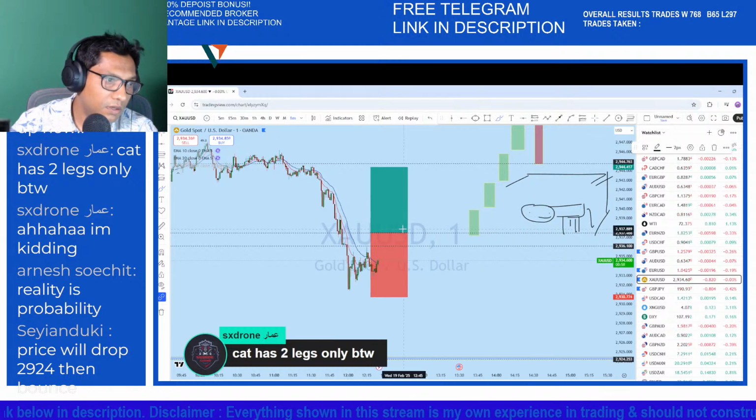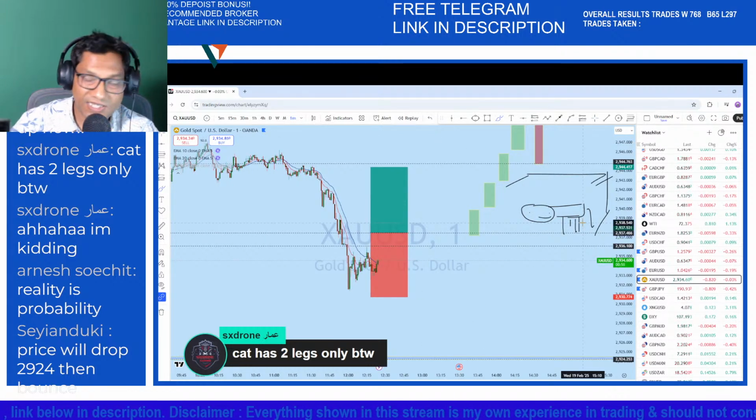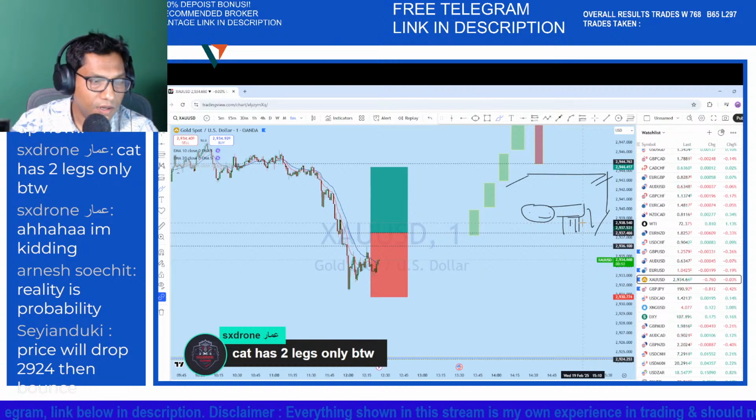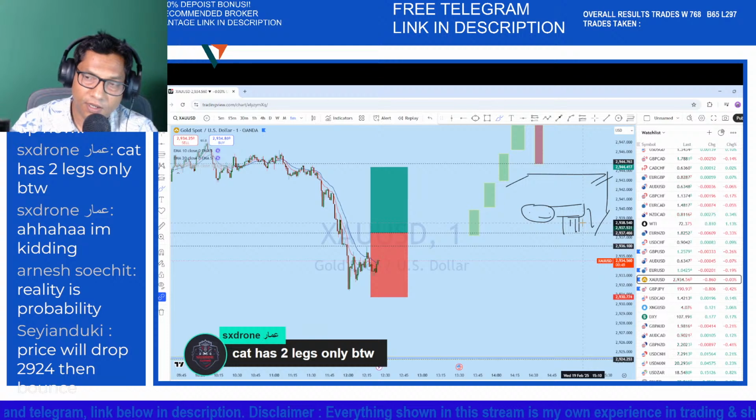Now when we are placing a trade, we are actually placing it based on probability. How does this implement in actual trading?